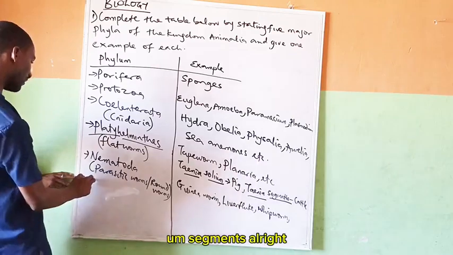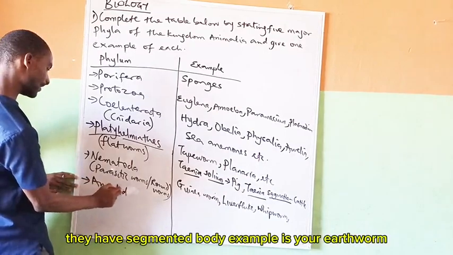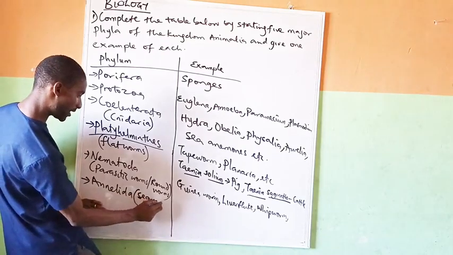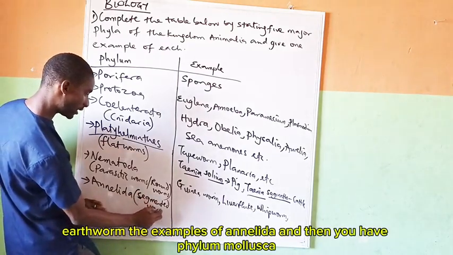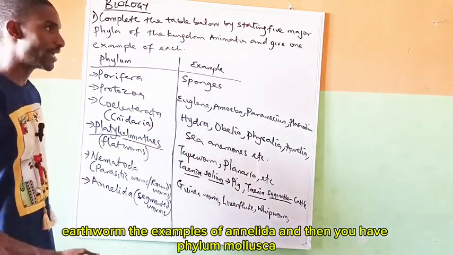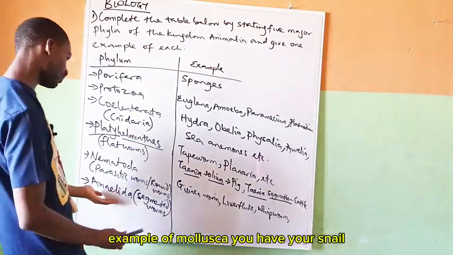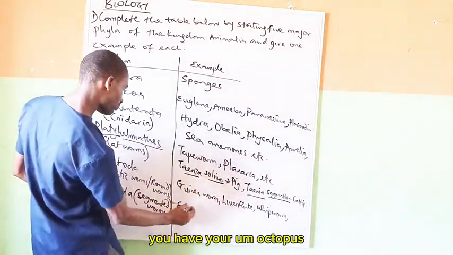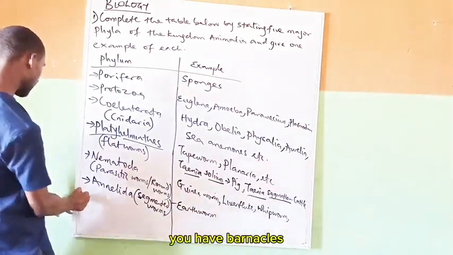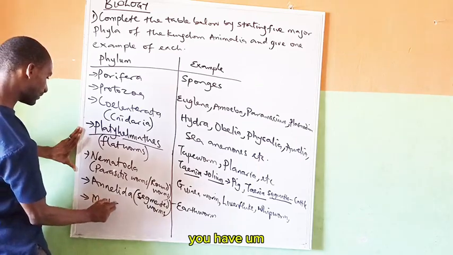Then you have the Annelida. The annelids are segmented worms. These are worms that have a metamerically segmented body. An example is your earthworm. And then you have phylum Mollusca.